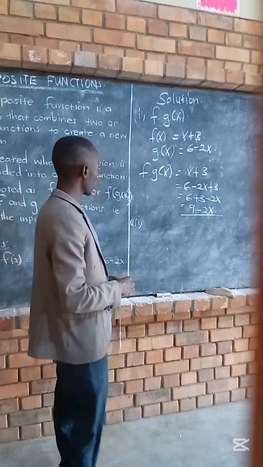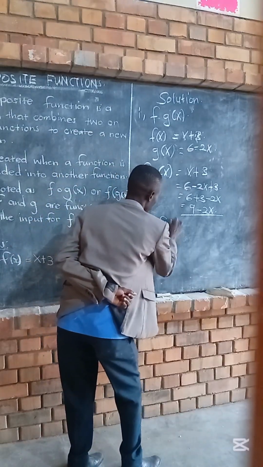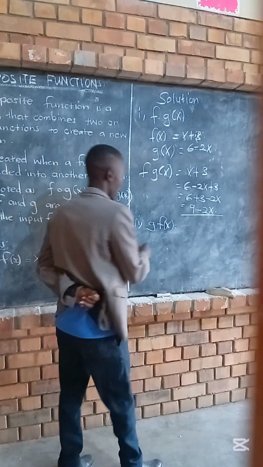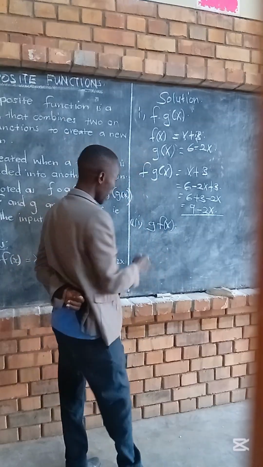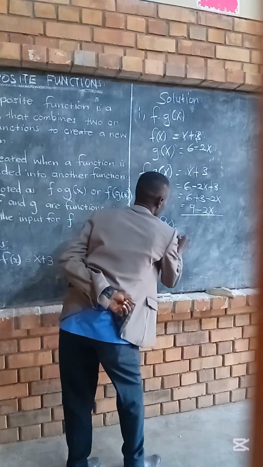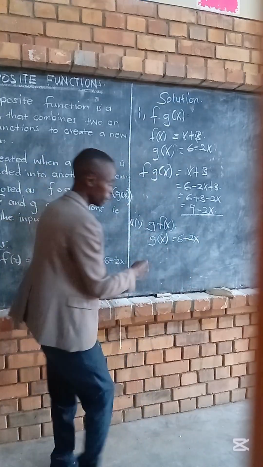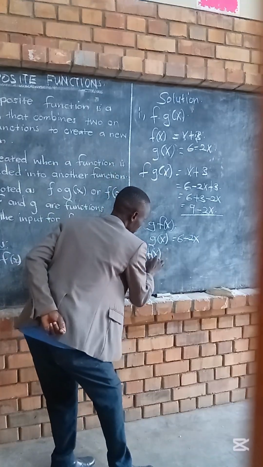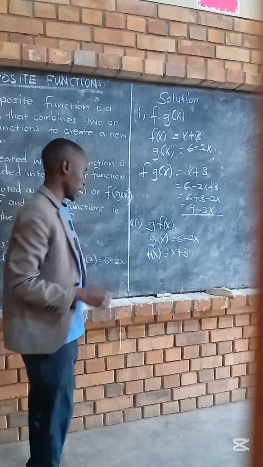Part 2, we are required to find g of f of x. But we've seen that our g of x is 6 minus 2x and f of x is x plus 3.